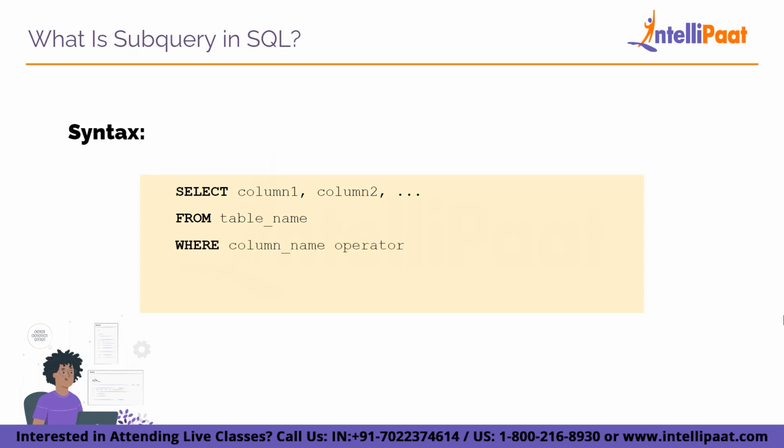And then the where keyword, which is followed by the column name and the operator, which helps us compare the values of a column with the result of the subquery. And this complete query is known as the subquery, which is enclosed inside parentheses. In this, we are selecting a particular column from a table based on a specific condition.